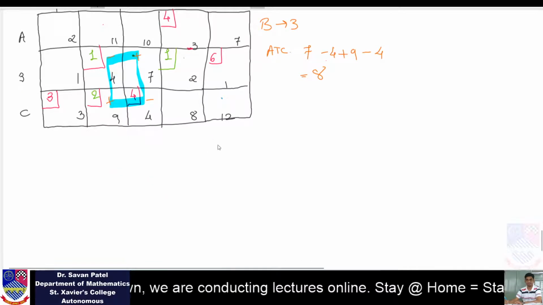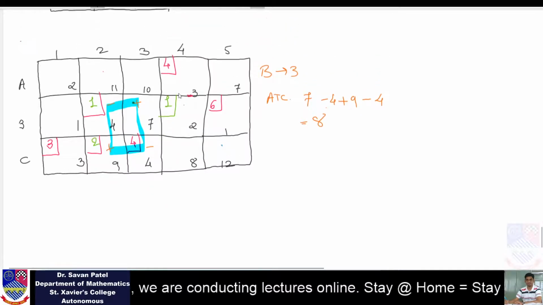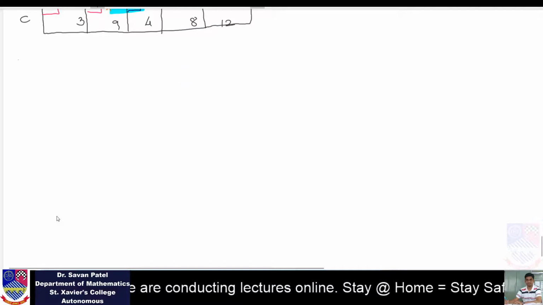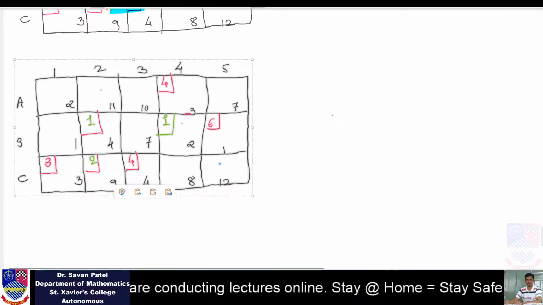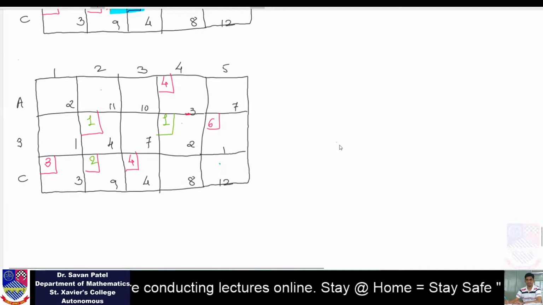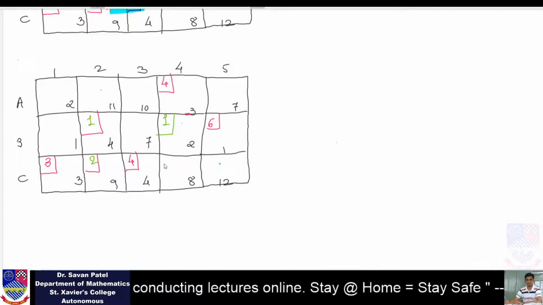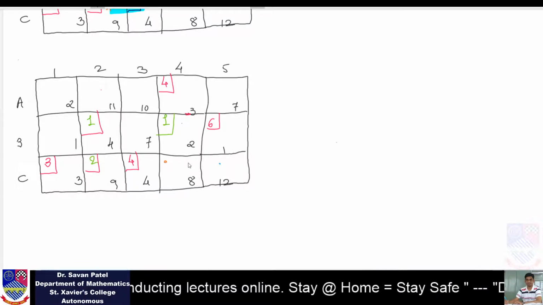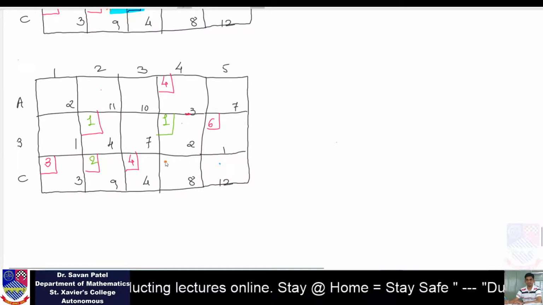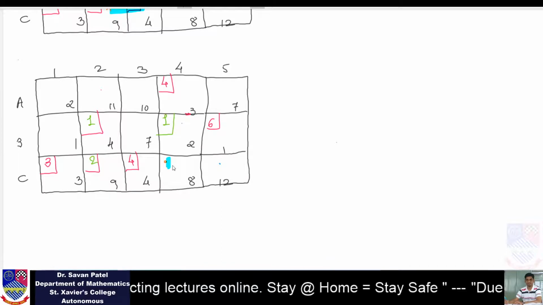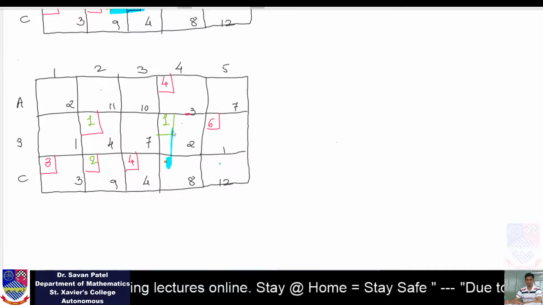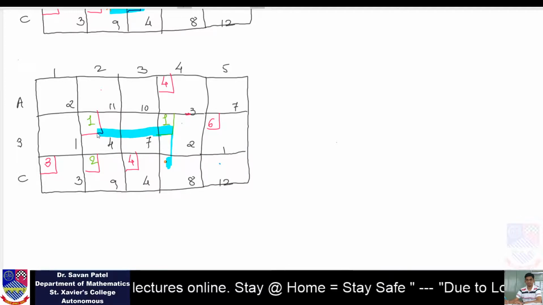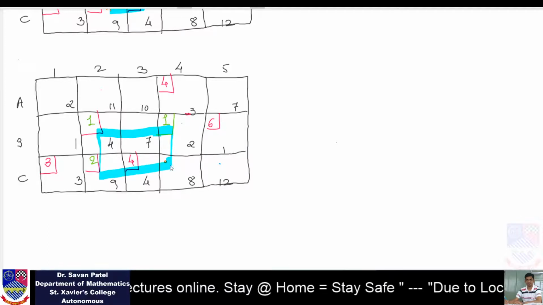Then check for C to 4. Okay, for C to 4, we check whether transportation is possible, meaning it gives a reduction in transportation cost or not. So if we are transferring from here, then the loop we can have from here. So from the non-allocated cell we move to an allocated cell, again to a new allocated cell and come back.